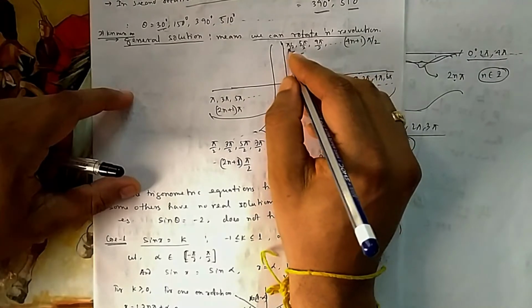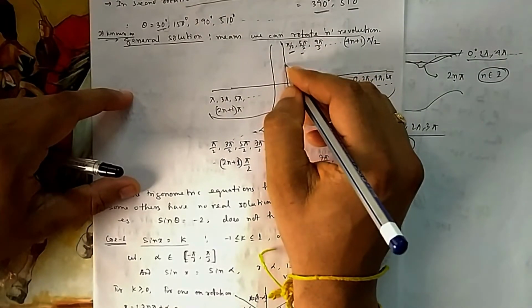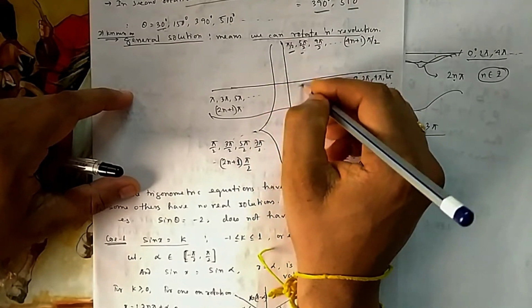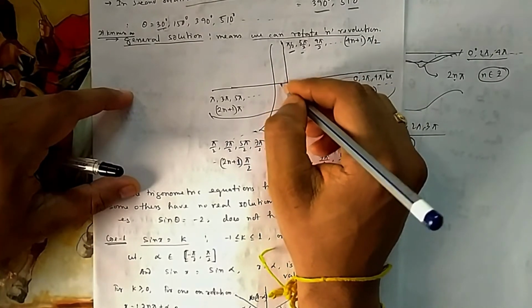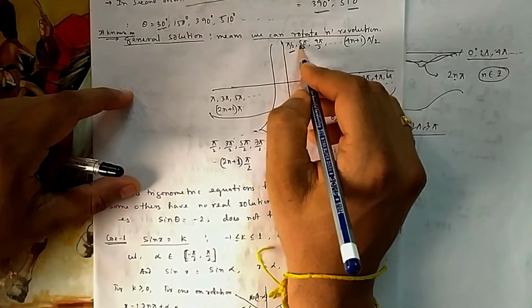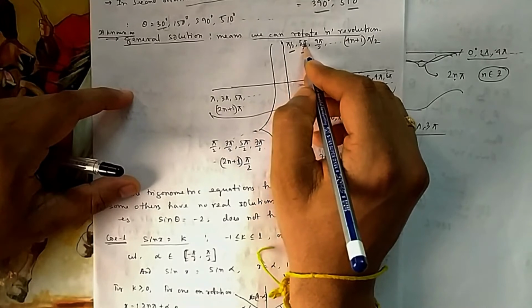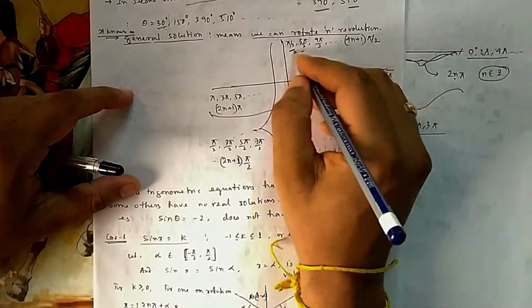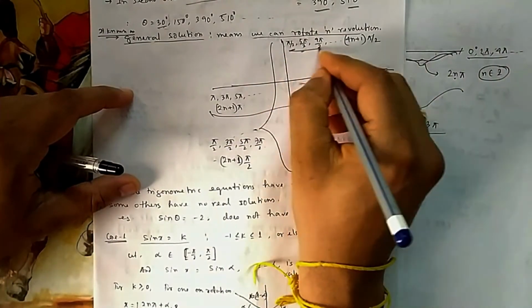Now you can see, this is at pi by 2. If you again want to come back after completing one rotation, then you have to complete 4 times pi by 2: pi by 2, pi by 2, pi by 2, pi by 2. So that's why there is a difference of 4. You can see pi by 2, you add 4 pi by 2, you get 5 pi by 2. Again you add 4, 9 pi by 2. So it will be something of this series. What name can I give this series?